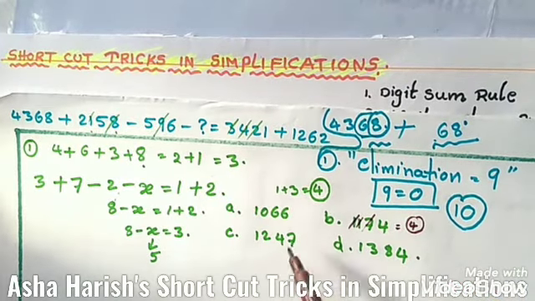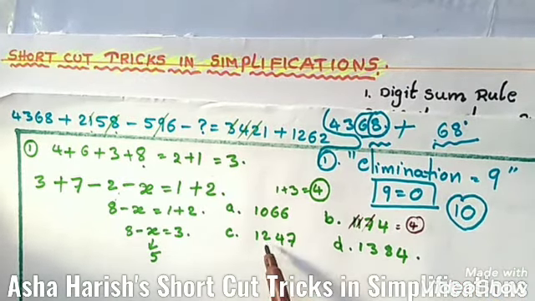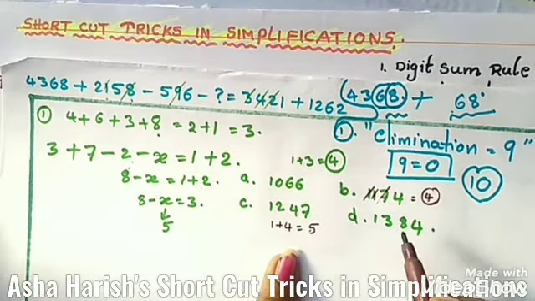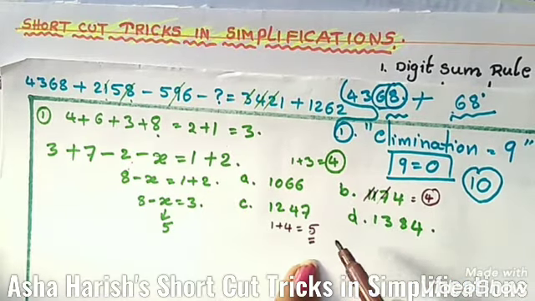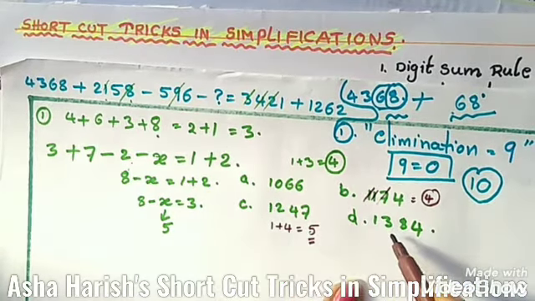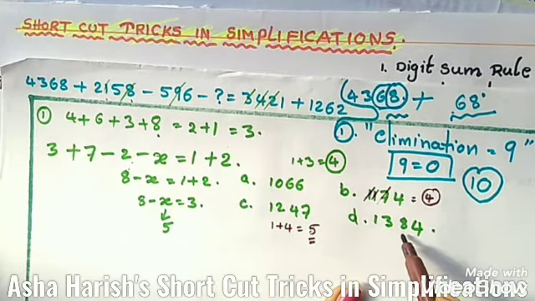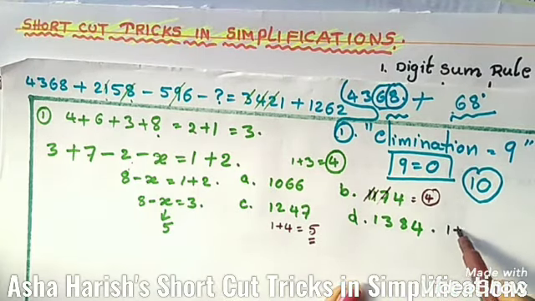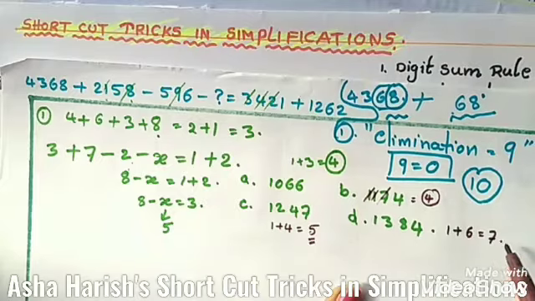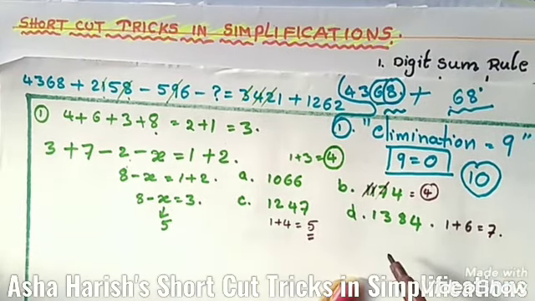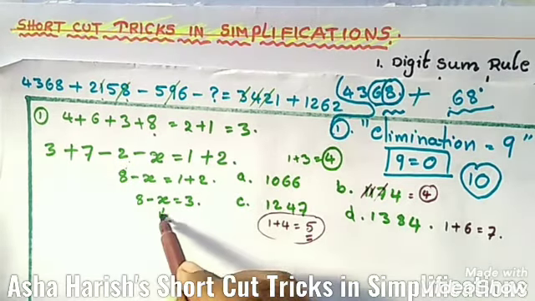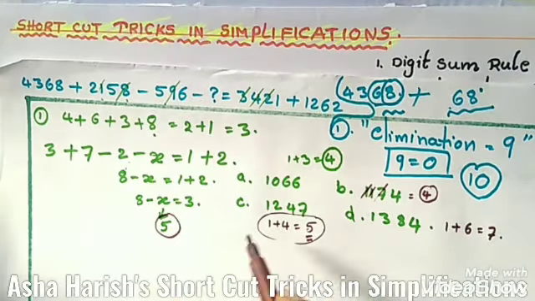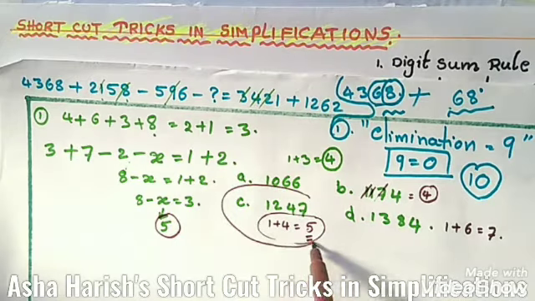For option C, 1 plus 2 is 3, 3 plus 4 is 7, 14 means adding those two numbers again, then you get 5. For option D, 1 plus 3 is 4, 4 plus 4 is 8, 8 plus 8 is 16, 16 means 1 plus 6 is 7. The desirable number is 5, which we got already, so x is 5. So option C is the correct one.